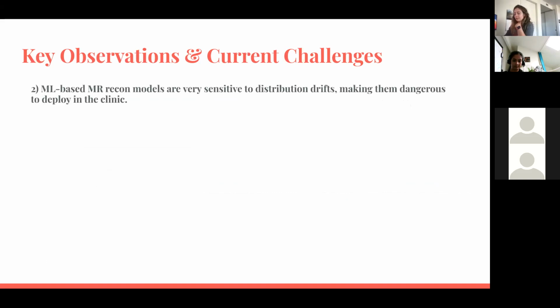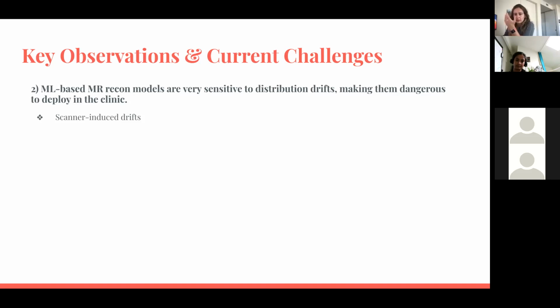And the second thing, which is an ongoing theme for machine learning these days, is that these models are very sensitive to distribution drifts, making them pretty dangerous to deploy in the clinic. To be more concrete about what I mean by distribution drifts in this scenario: there are different vendors, right?